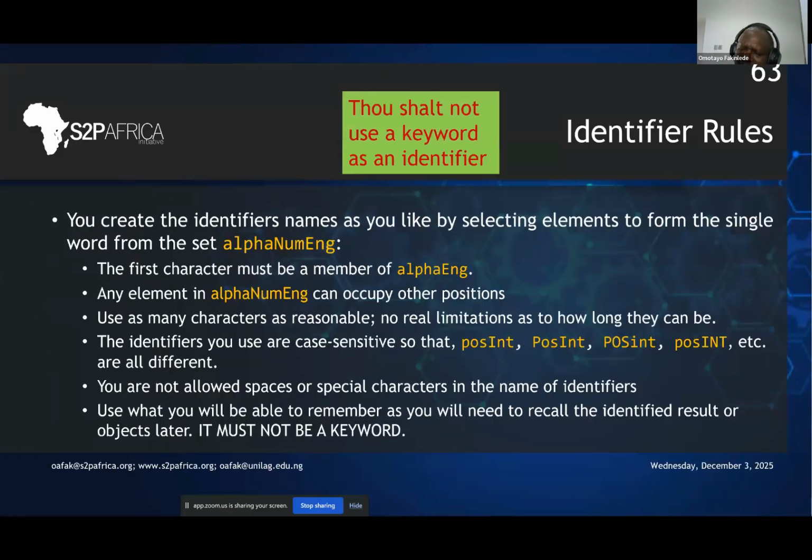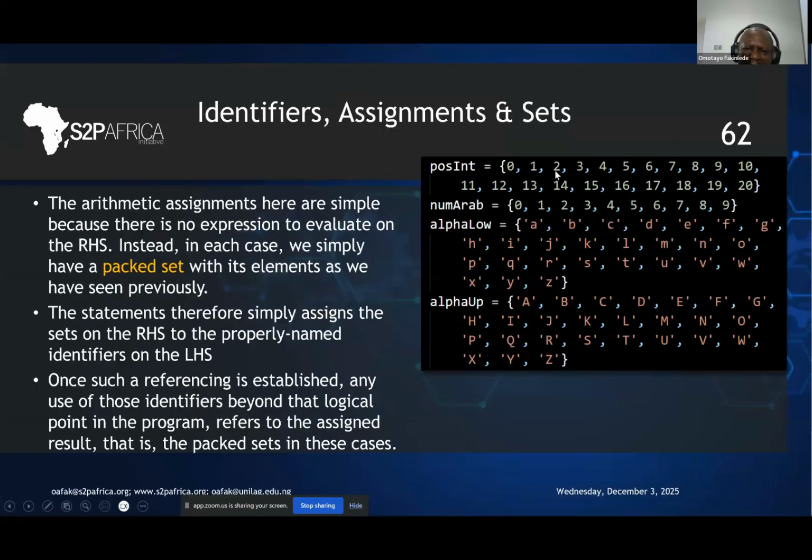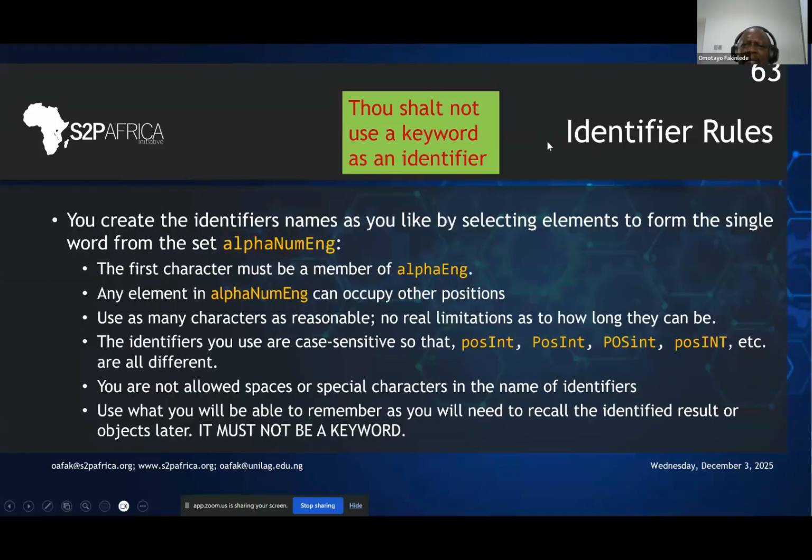Now, I talked about properly assigned identifiers. What is a properly composed identifier? When is an identifier correct? First thing is that thou shalt not use a keyword as an identifier.